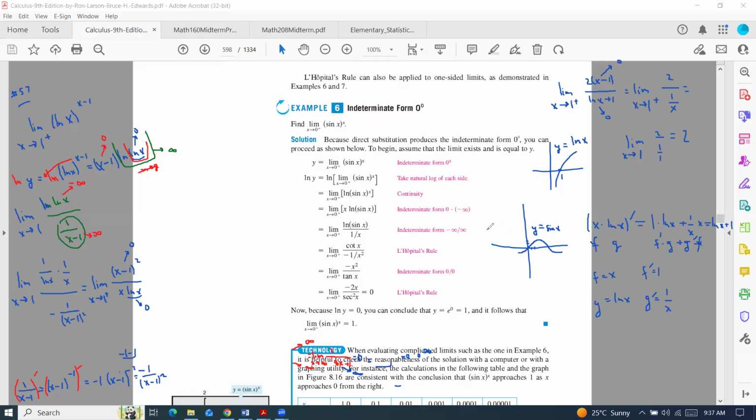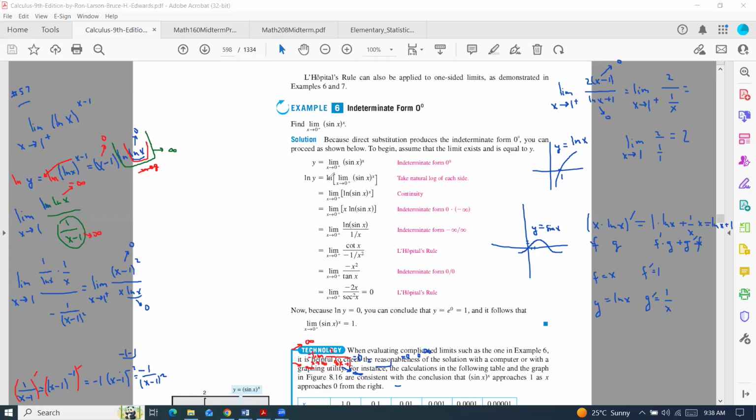Or on the left side, it doesn't matter. They have it on the right side. Let's see, why the right side? Well, because ln will be involved to make sure that we have no problem with the domain. So anyway, they apply ln to both sides, right?